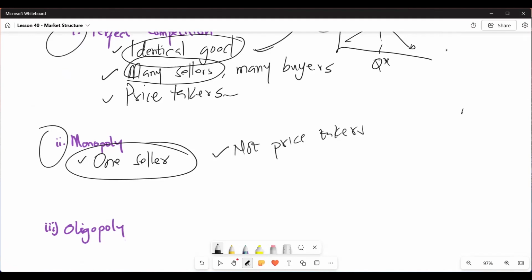An example of a monopoly is local utilities. So you may have electricity or water or gas. Usually these are supplied by one single firm in a particular area. So this gives them some monopoly and also market power in the area that they operate.